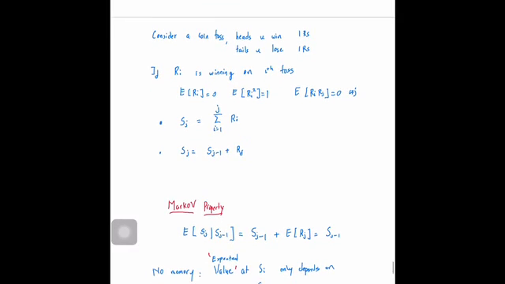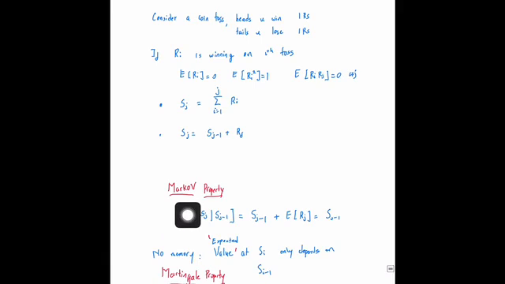If that is the case, then there are certain properties of this process. The thing is, this has a Markov property. That is, the expectation value of winning a particular value Sj, given that you have won Sj minus 1, is just Sj minus 1 plus the expectation value of Rj.